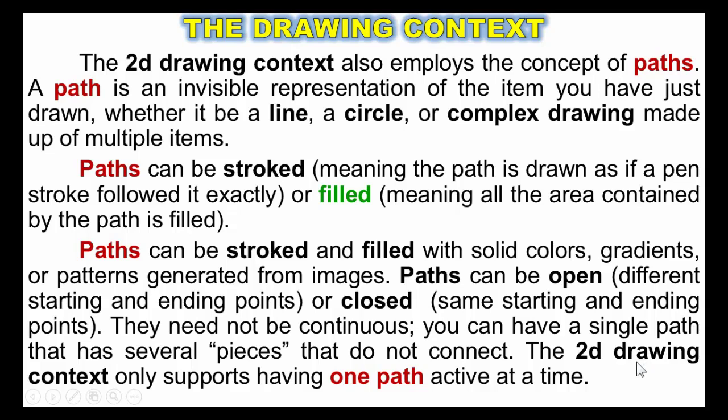Paths can be stroked and filled with solid colors, gradients, or patterns generated from images. Paths can be open, with different starting and ending points, or closed, with the same starting and ending points. They need not be continuous. You can have a single path that has several pieces that do not connect. The 2D drawing context only supports having one path active at a time.